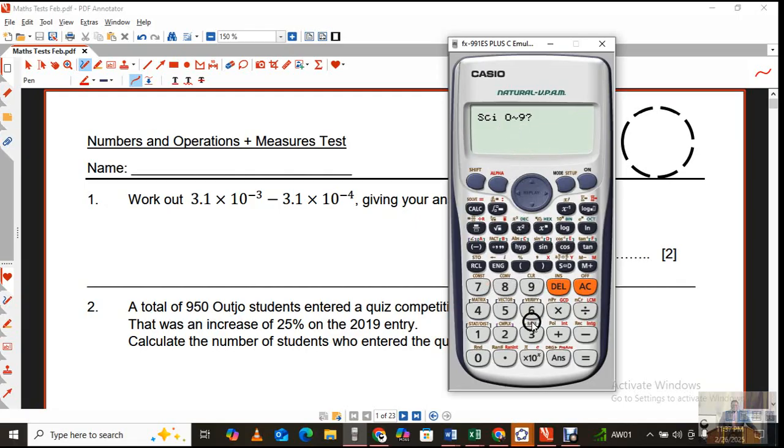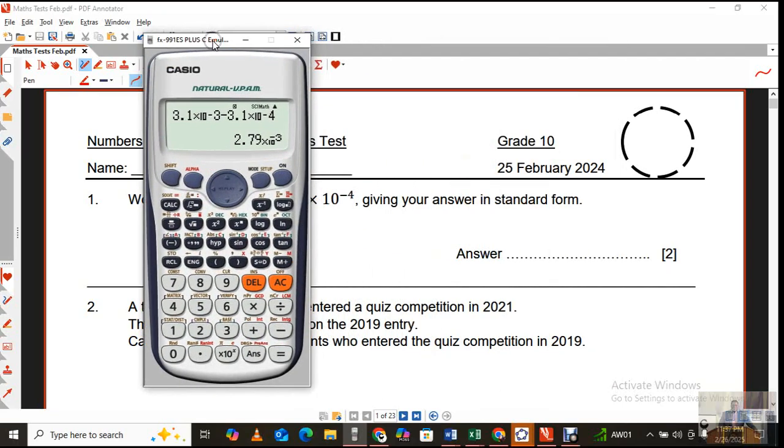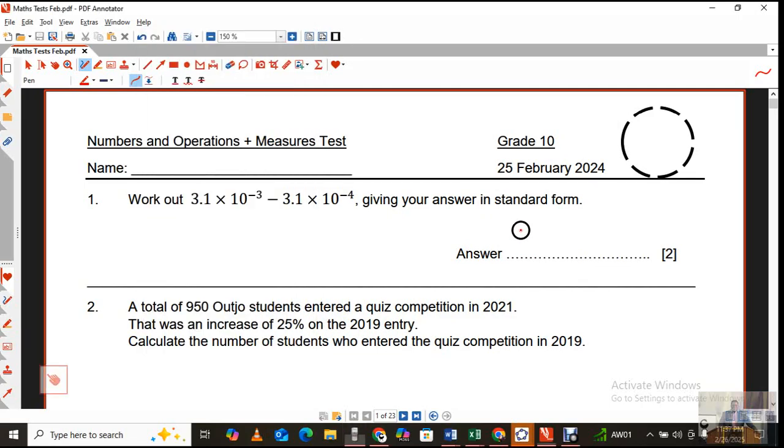So I want 3 significant figures, and it's going to give my answer as 2.79 times 10 raised to the power of negative 3. Essentially you have many ways you can do this. You can write them as ordinary numbers, and from there you can write it in standard form. We should not be spending too much time on that question.